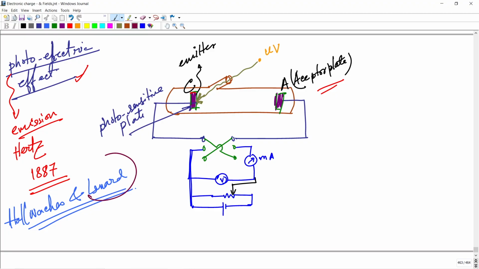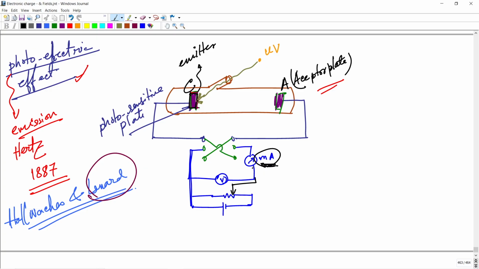First Lenard observed that when UV light falls on this photosensitive plate, the emitter plate, there is some current. When UV light falls on the emitter plate, there is a deflection here.